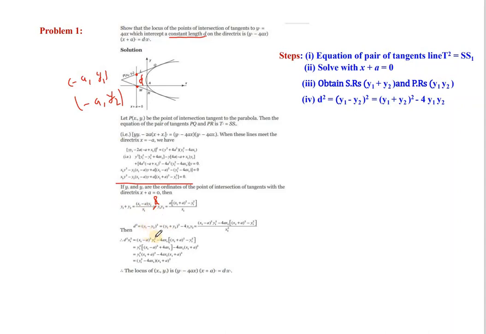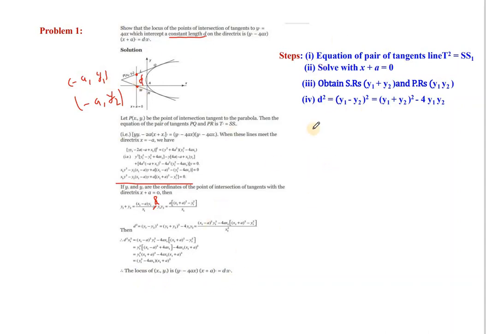So rewrite your (y1 minus y2) whole square in terms of these two. So this is what we have. And then cross multiplying, simplifying, dropping the suffix, you get the locus. Right? So do not write dropping the suffix in the examination. You are supposed to write just the locus, this is equal to this.